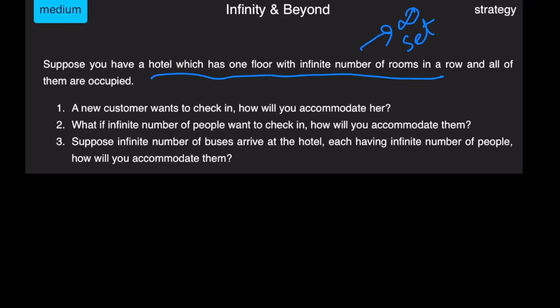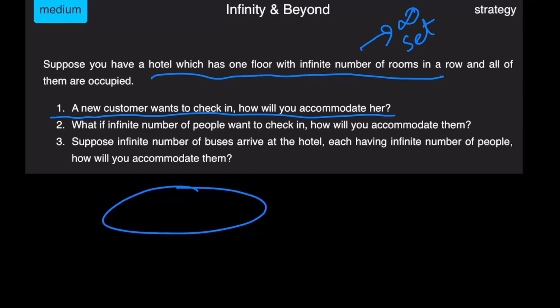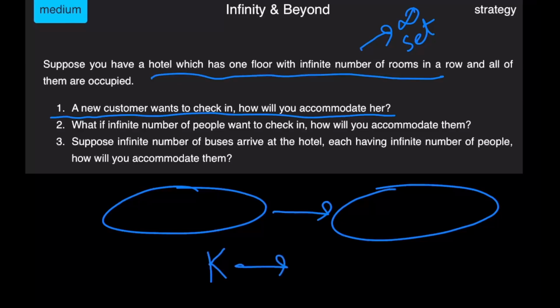So for the first case, since we need to just create one new room, right? Because there's only one new customer. Basically, we've been asked a function where we map a set of infinite numbers to a new set of infinite numbers. And this is pretty easy, the first one. Basically, one solution is, and this is the solution given on the website, for each room number k, you ask the person to now accommodate room number k plus 1.